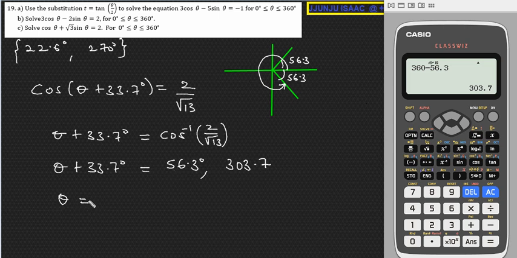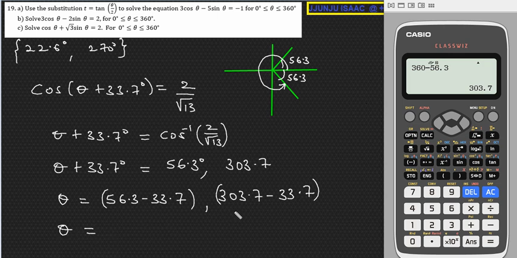So our theta will be equal to 56.3 minus 33.7. The other one is going to be 303.7 minus 33.7. So what are the solutions?